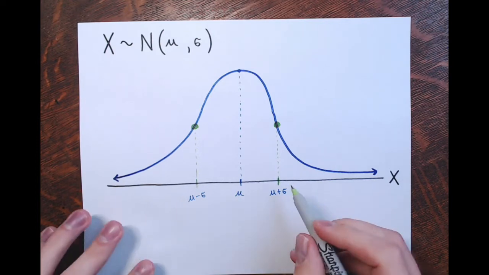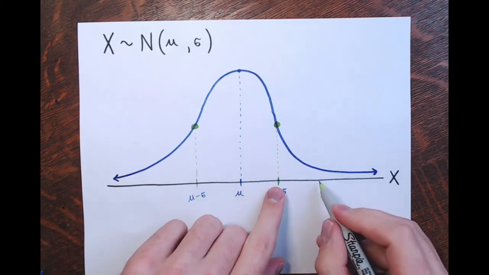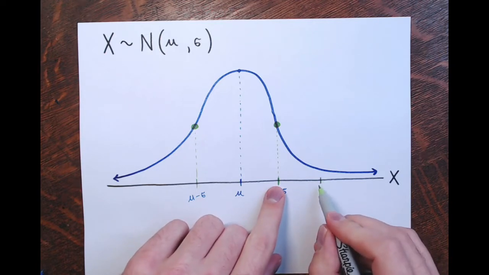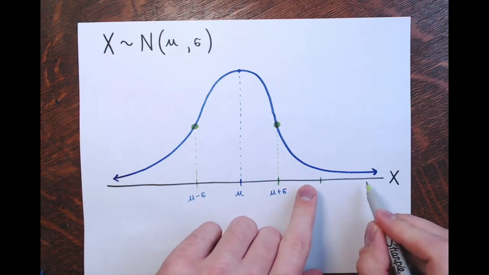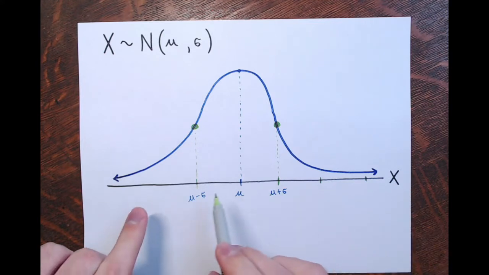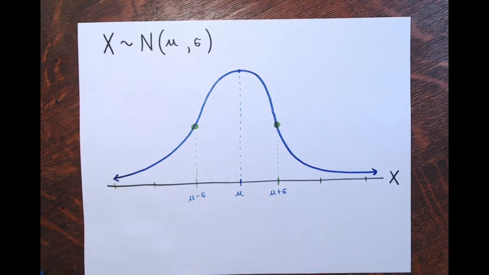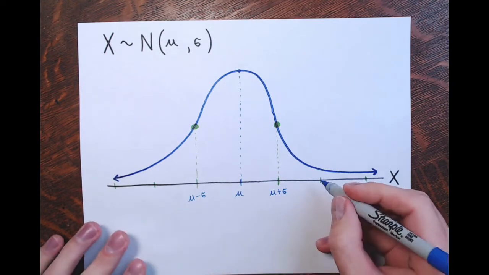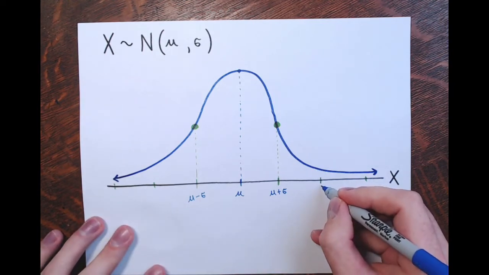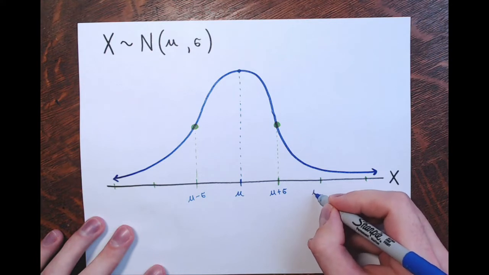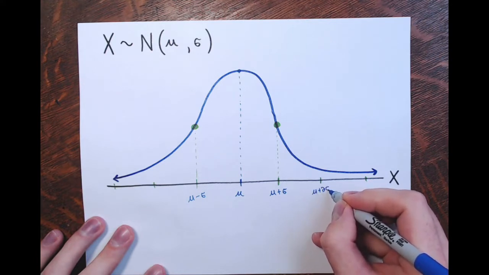All right, and then I'm going to try to make each notch about the same space apart. So there's another standard deviation, and another standard deviation, and do the same over here. There's another and another. So this value on the number line is 2 standard deviations above the mean, so mu plus 2 sigma.